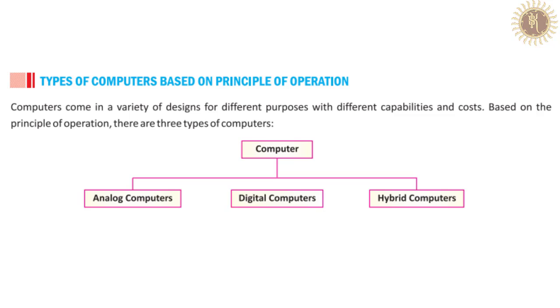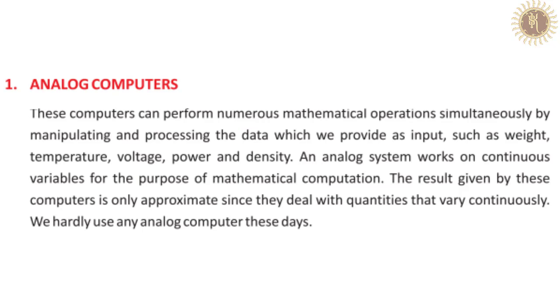Types of computers based on principle of operation. Computers come in a variety of designs for different purposes with different capabilities and costs. Based on the principle of operation, there are three types of computers. 1. Analog computers.